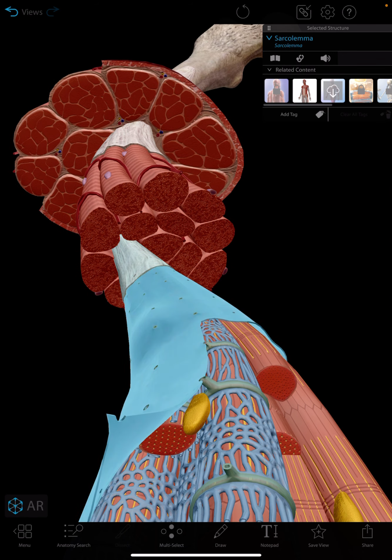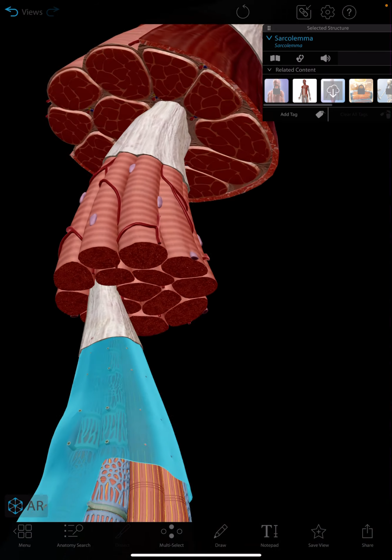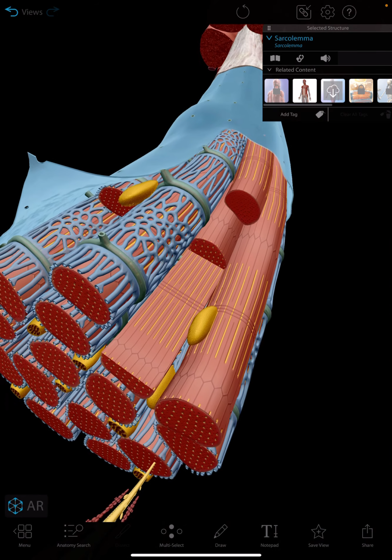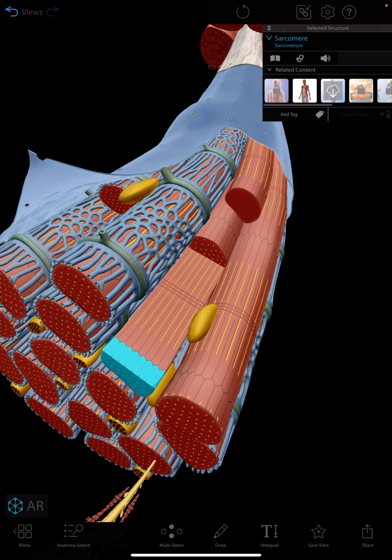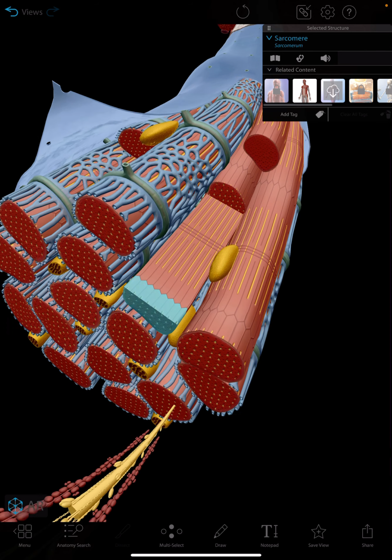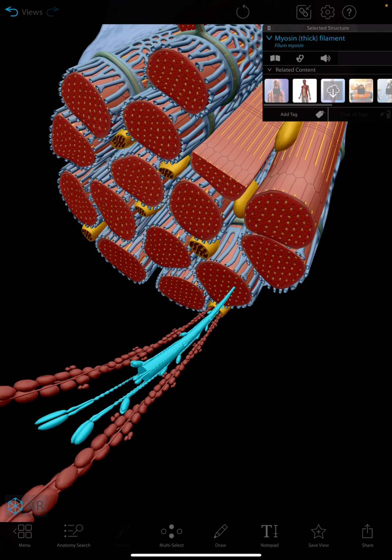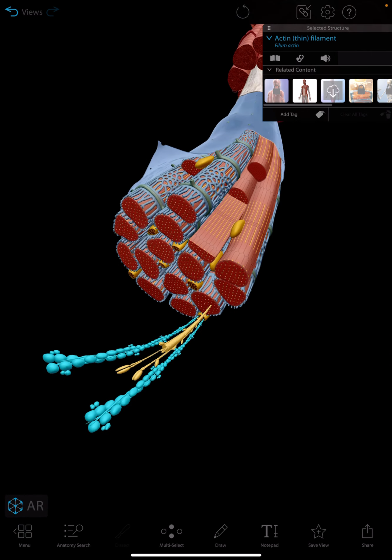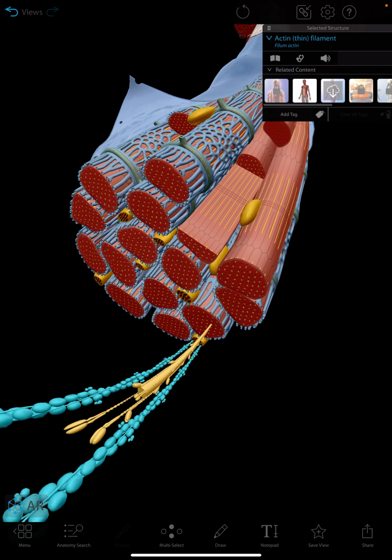You have the sarcolemma, which is just the plasma membrane around the muscle fiber. You have all these individual myofibrils in the muscle fiber that contain these sarcomeres. And the sarcomeres contain this myosin and this actin, along with a few other regulatory myofilaments. So this is an overview of the microscopic anatomy of skeletal muscle.